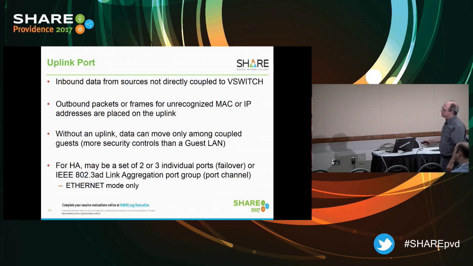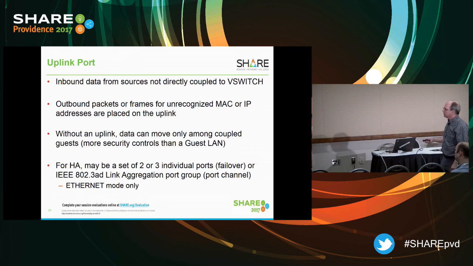Now, for high availability of these uplink ports, you're going to need 2 cables. You could have 3, but 2 is probably good enough. You can configure it to use one port, and if that fails, fail over to the second port, and if that one fails, fail back to the first port. Or you can operate these in link aggregation.